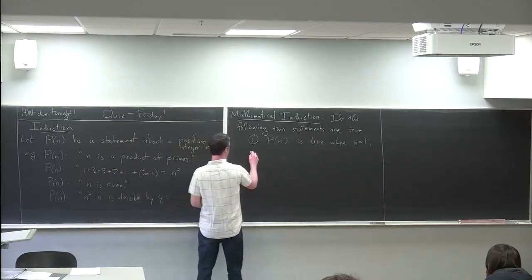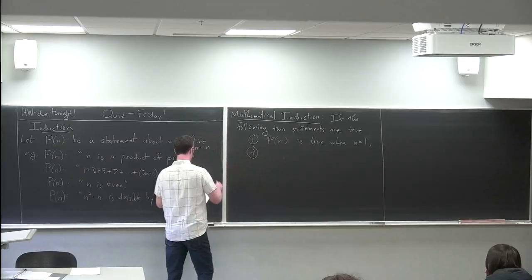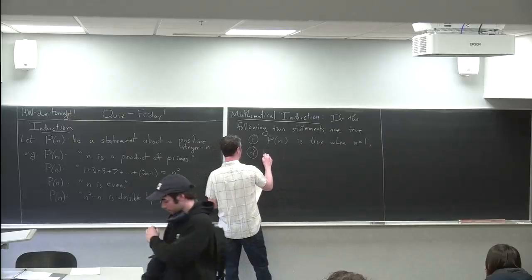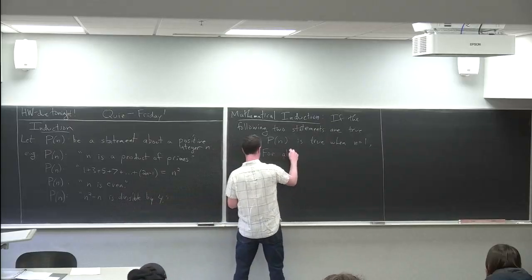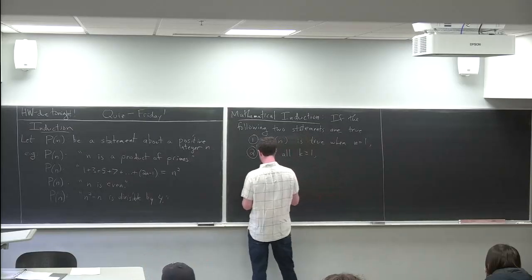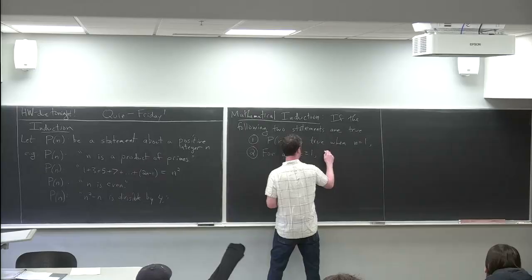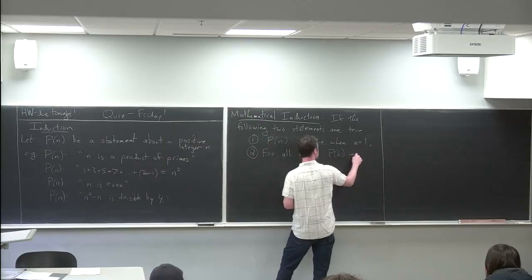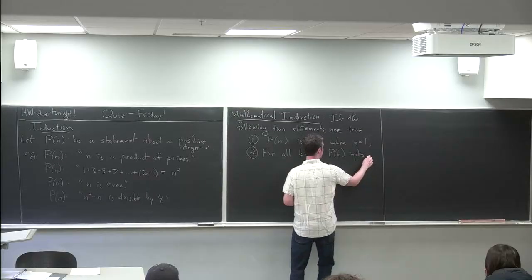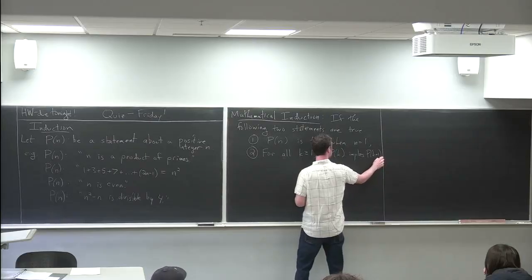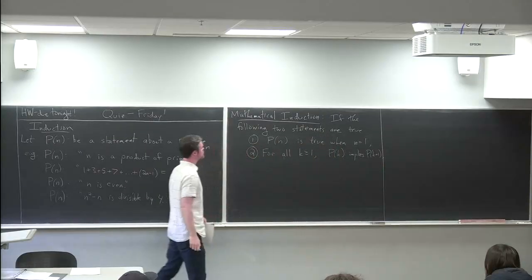And then the other thing we're assuming in this context is the following assertion: that for all k greater than or equal to 1, P of k implies P of k plus 1.